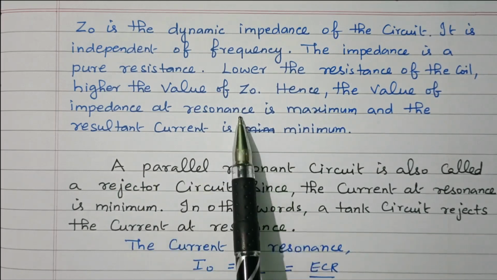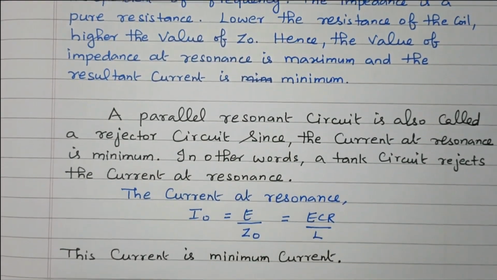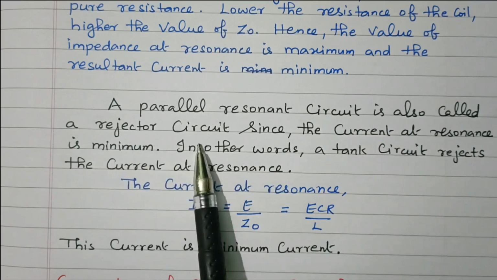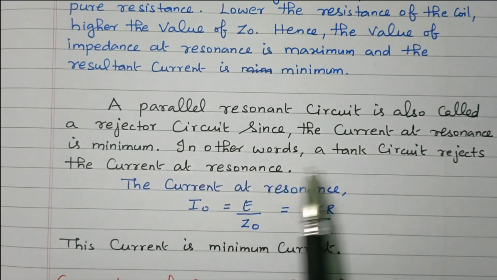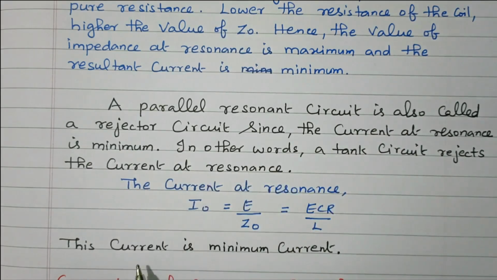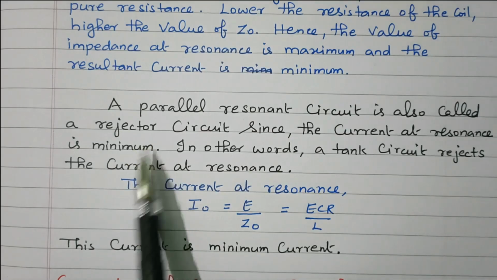Current is minimum and impedance is maximum at resonance. A parallel resonance circuit is also called a rejector circuit since the current at resonance is minimum. In other words, a tank circuit rejects the current at resonance. So due to minimum current, it is called a rejector circuit.